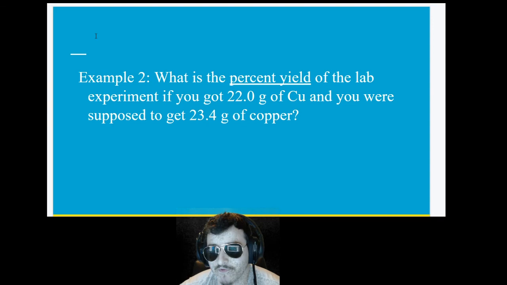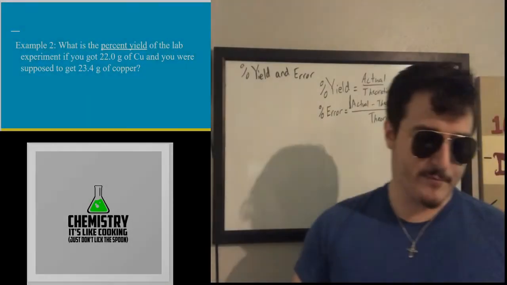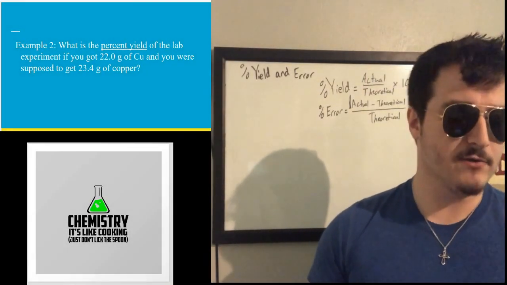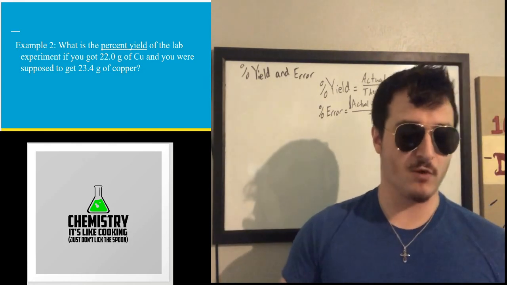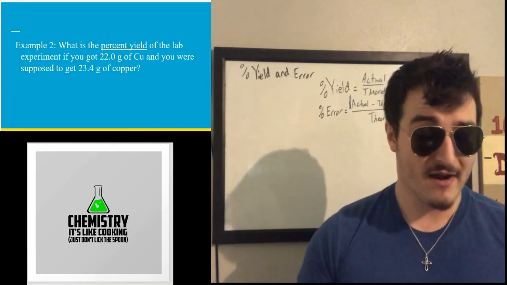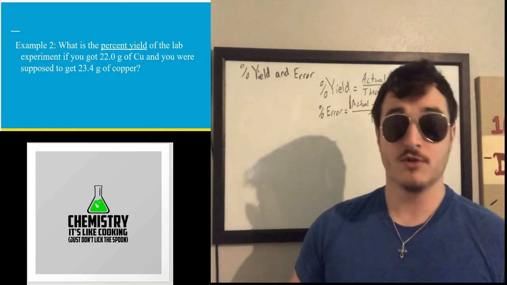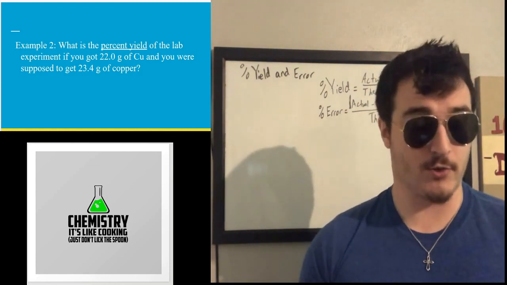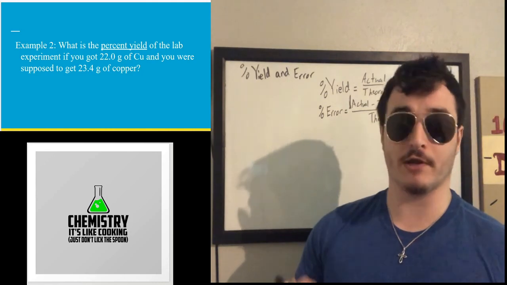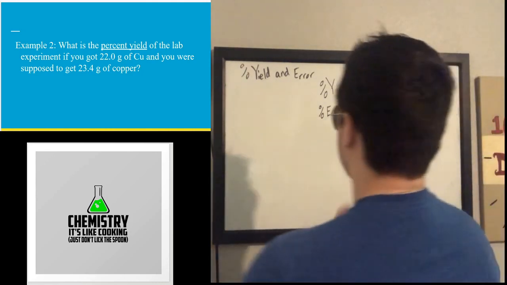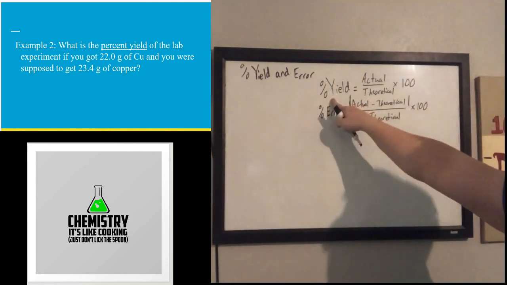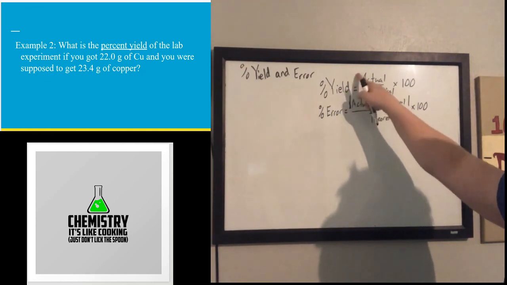So let's quickly solve it. Example 2 in your notes is, what is the percent yield of a lab experiment when you got 22.0 grams of copper and you were supposed to only get 23.4 grams of copper? So what we produce is the 22 grams. What we were supposed to produce is the 23.4 grams. So we're doing the percent yield equation here. Make sure that we don't flip where these values are going.